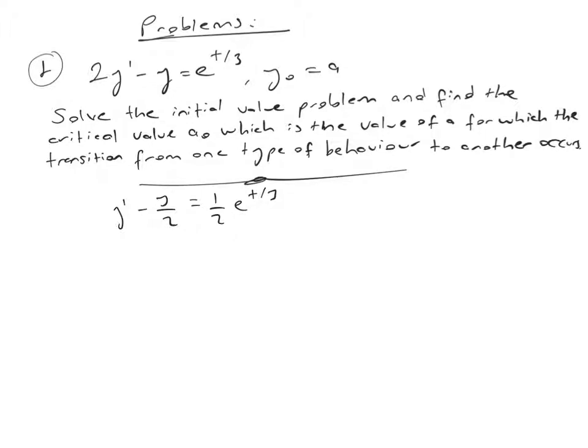And our multiplication term is e to the minus 1 over 2, as you see from here. e to the minus t over 2.